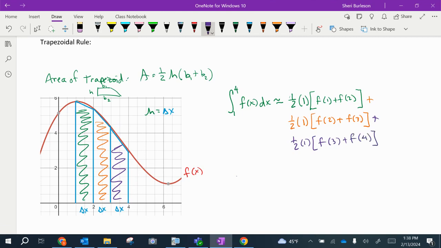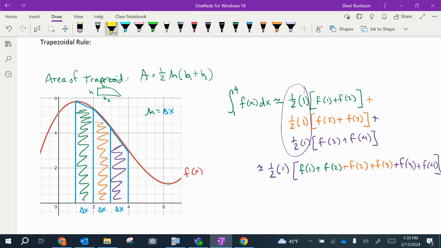And what I'm noticing is that 1/2 times 1 comes out front, and my sum is going to be f1 plus f2 plus f2 plus f3 plus f3 plus f4.